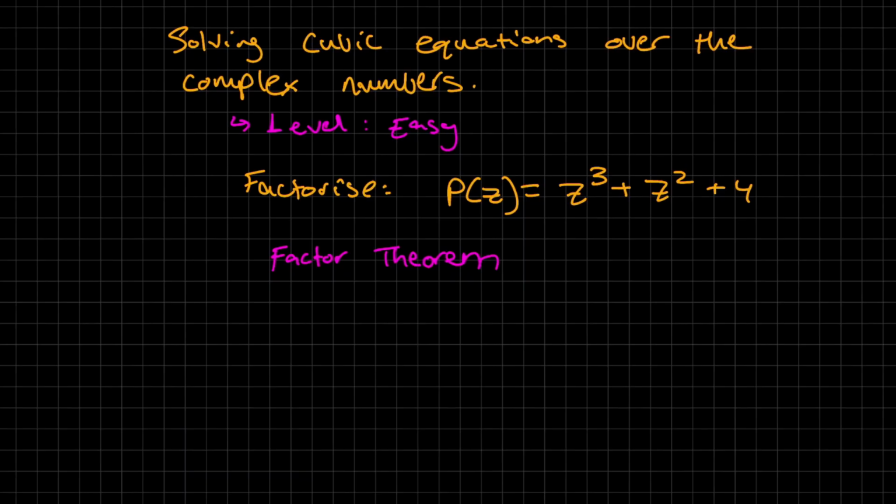As a quick recap, our factor theorem tells us that if a is a solution to our polynomial, then p of a, so when we substitute a into this equation, it would equal 0. So what we can do is use trial and error to figure out the first factor of p of z. So let's try that now.